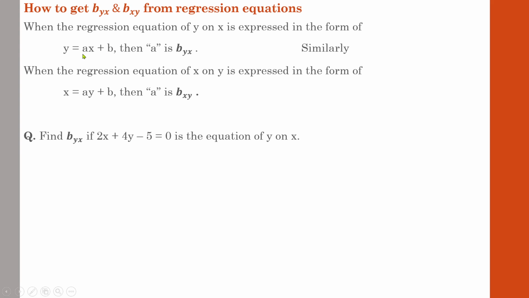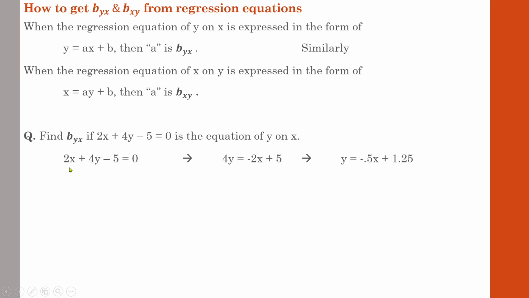That is, on the left hand side of the equal sign the y variable must come, and on the right hand side of the equal sign ax plus b must come. So this equation has to be converted to this form.